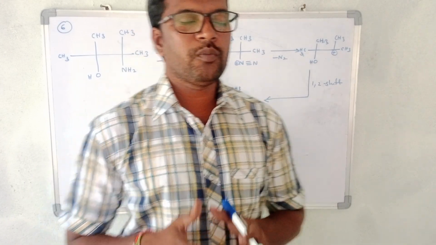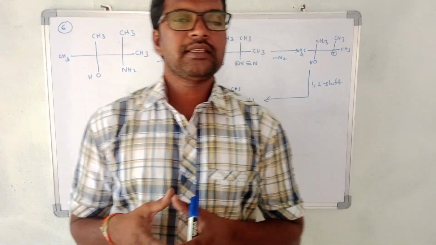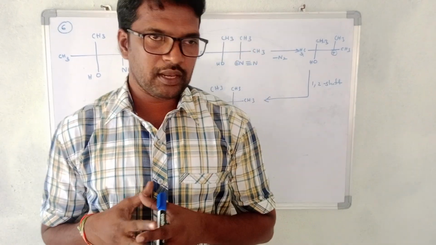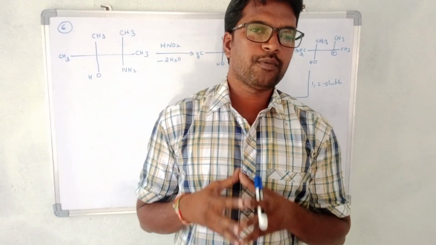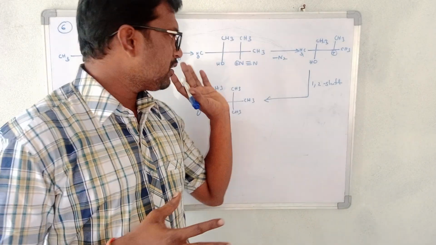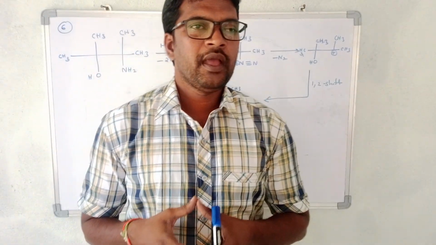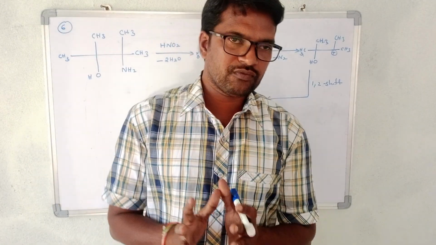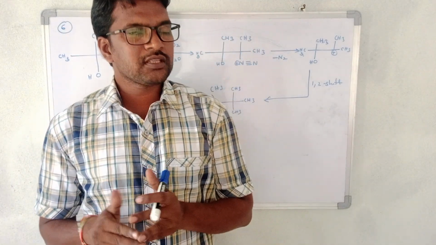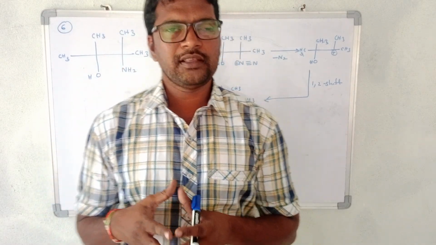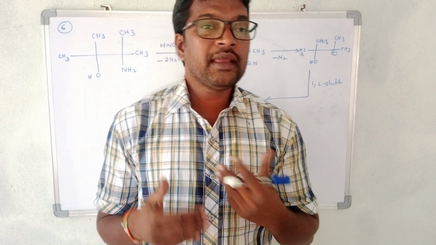It is overall about pinacol rearrangement. In this reaction 1,2 diols are involved. The product formed is a carbonyl compound. In most cases the product is a ketone. It is an acid catalyzed rearrangement, which means this reaction takes place in the presence of an acid catalyst. In most cases we use H2SO4, and if the diol is symmetrical, only one product, the major product, is obtained.